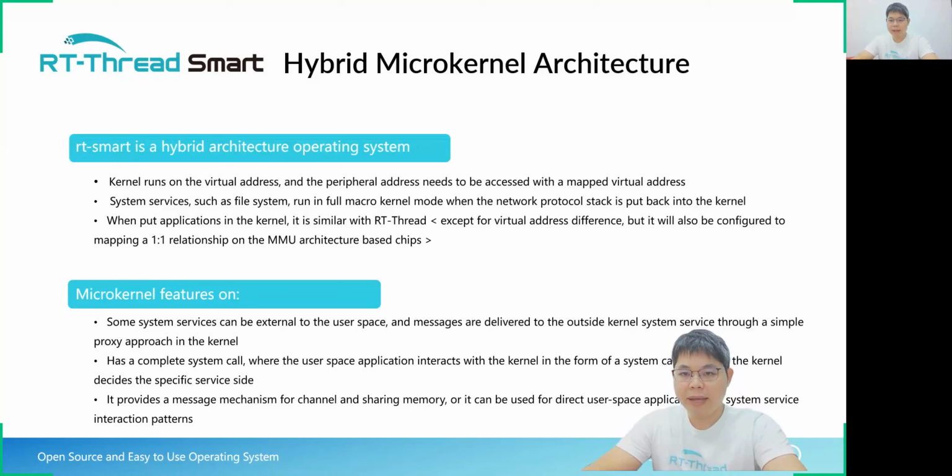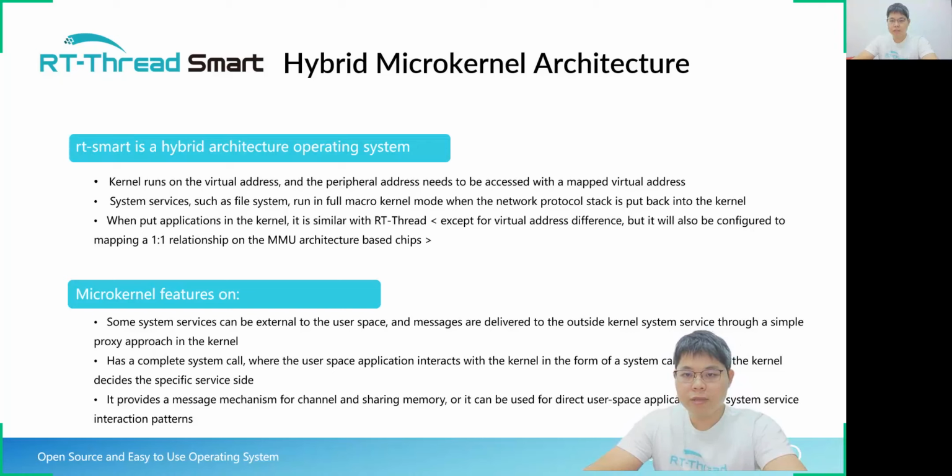System services such as the file system and network protocol stack can run in the user mode. But if one needs to balance safety and performance, you can move the file system and network protocol stack back into the kernel. Then it will be similar to RT-Thread RTOS.